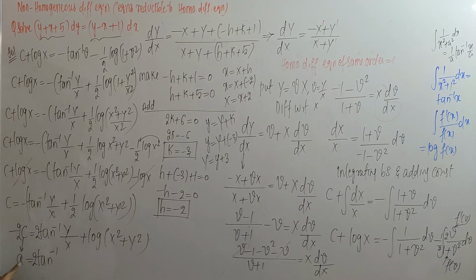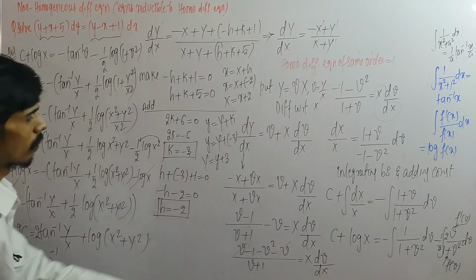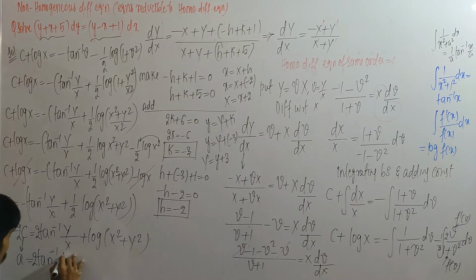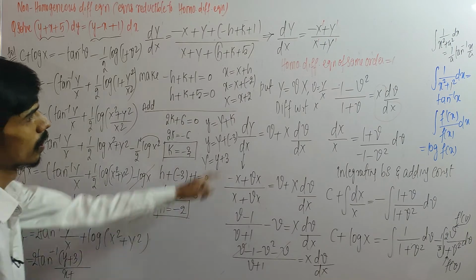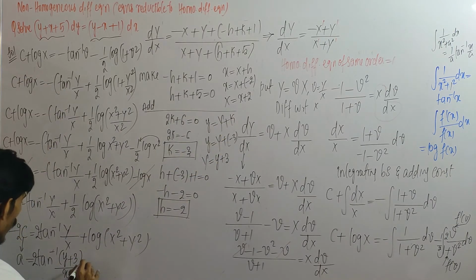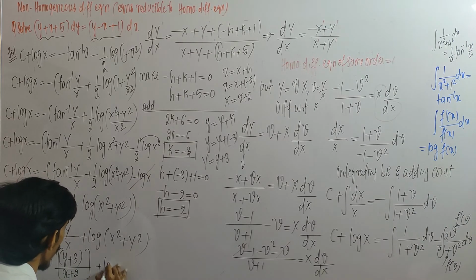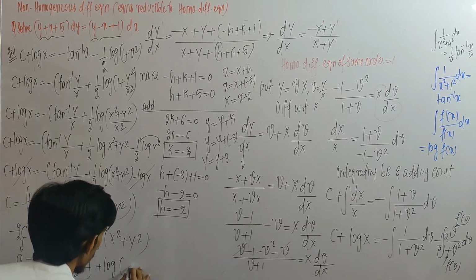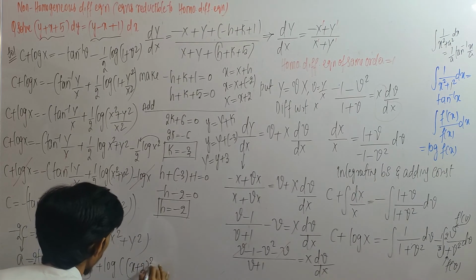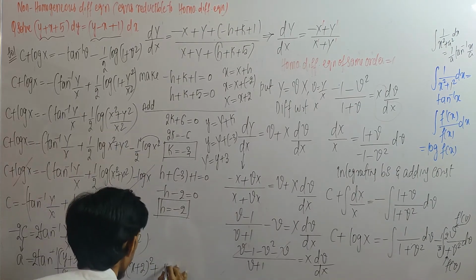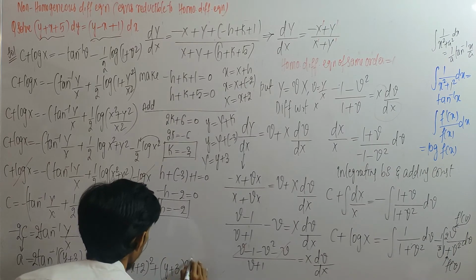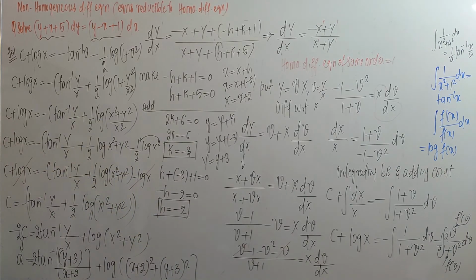Taking this minus 2c value as A, we get 2 tan inverse of y plus 3 upon x plus 2, plus log of x plus 2 square plus y plus 3 square. So this is the solution for this question.